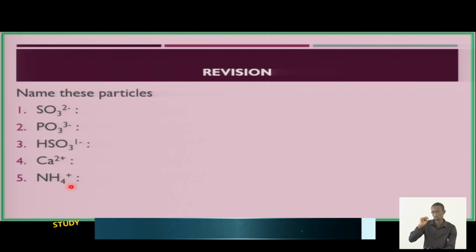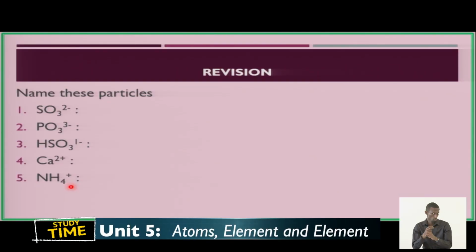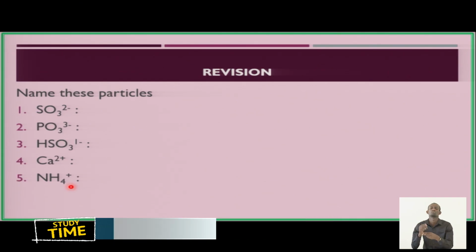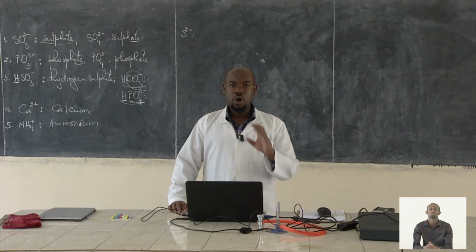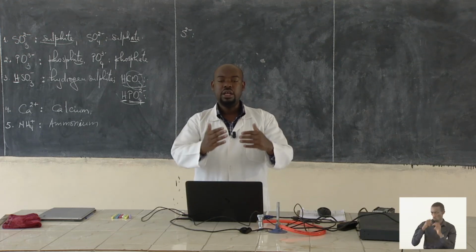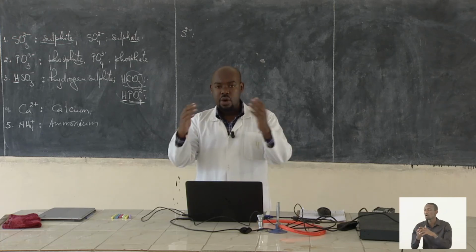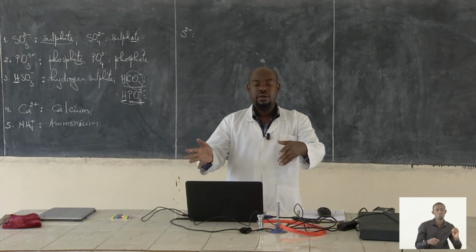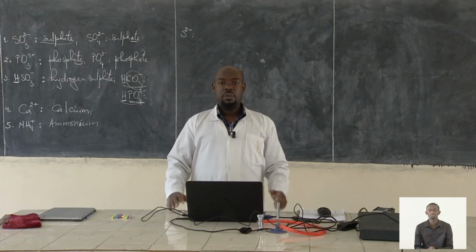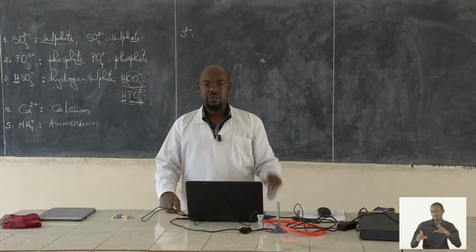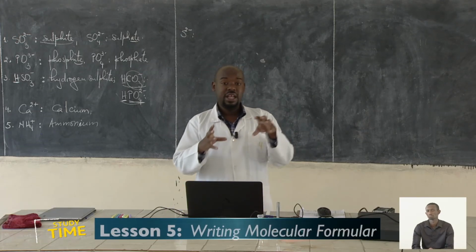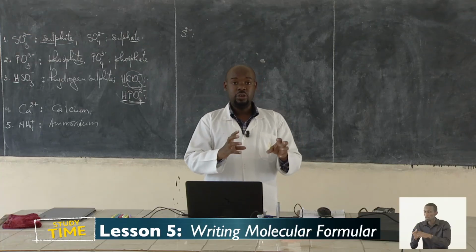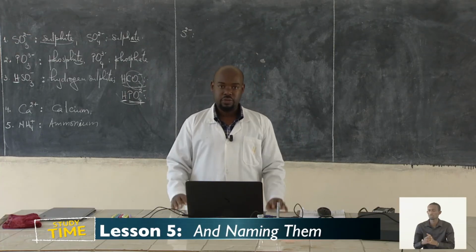Now, we have revised how to name the different charged particles. And I hope you know how you can start from the name and write the formula of the particle.